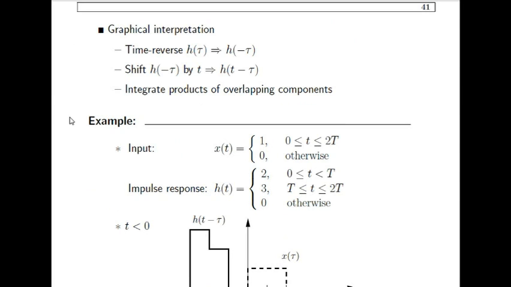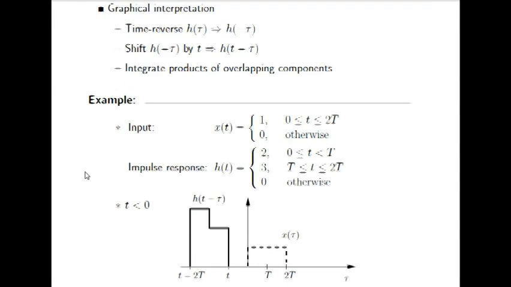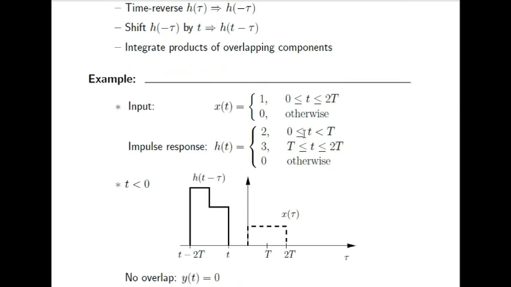Now let's see another example. Here the input is 1 for t between 0 and 2T and 0 otherwise. And h(t) is equal to 2 for t from 0 to T, and from T to 2T it is 3, and 0 otherwise. So this is h(t minus tau)'s graph, and this is x(tau)'s graph.